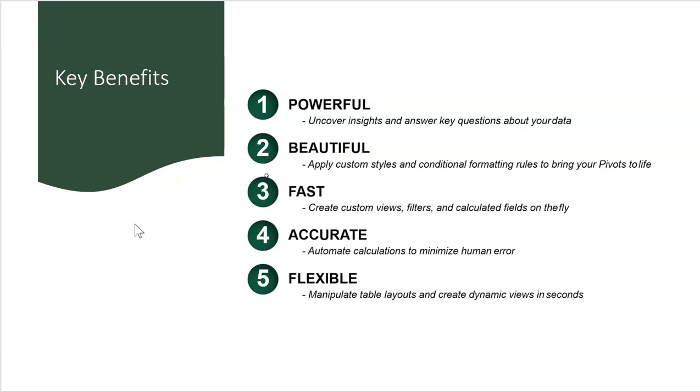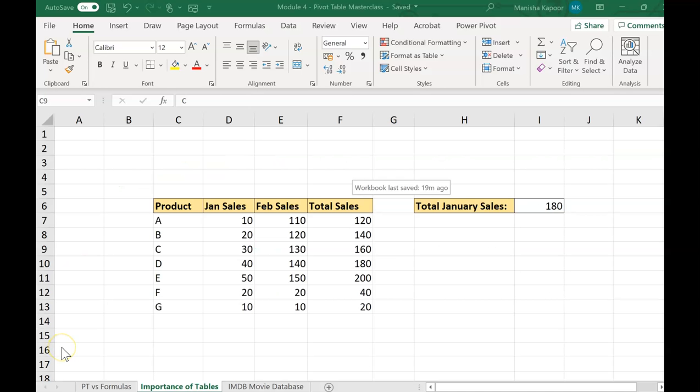You can create custom views, create filters and calculate fields on the fly. It's accurate because all the calculation is done by Excel, so you minimize human error. And last but not the least, it is flexible, so you can manipulate table layouts and create dynamic views in seconds. So in this session, we'll discuss the importance of tables.